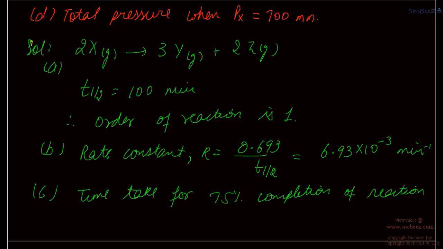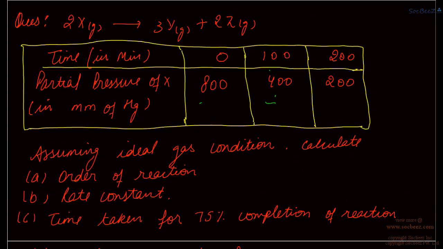Observe that after first half-life 50% of X gets consumed. After second half-life 50% of that 50% left gets consumed, that is 25% of initial value gets consumed. Hence, after two half-lives, 75% of the reactant gets consumed, and hence we can say that 75% of the reaction has been completed. Therefore, time taken for 75% completion of reaction is 2 into T half equals 200 minutes.